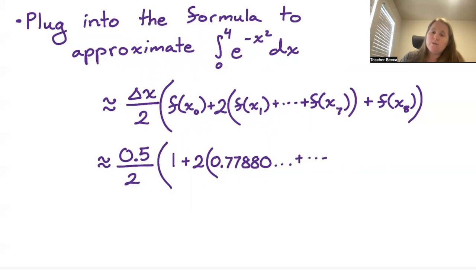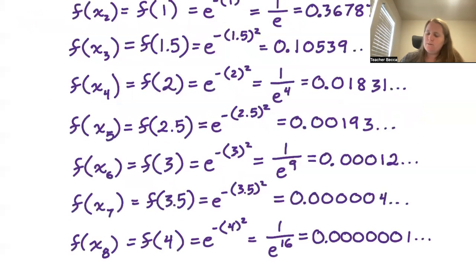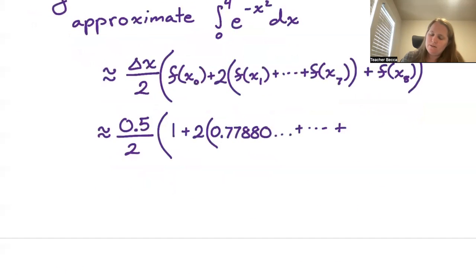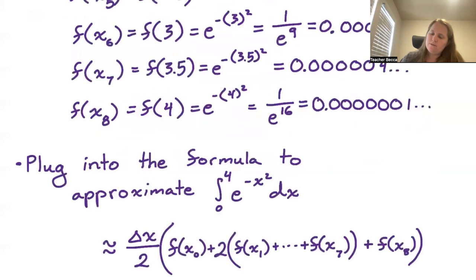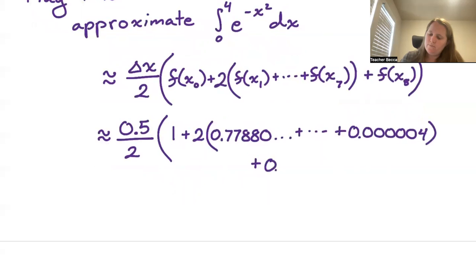And then I'm just going to do plus dot dot dot plus our f of x7 was 0.000004, 5 zeros if I added too many. And then we have an additional plus 0.00000001, not being multiplied by the 2.